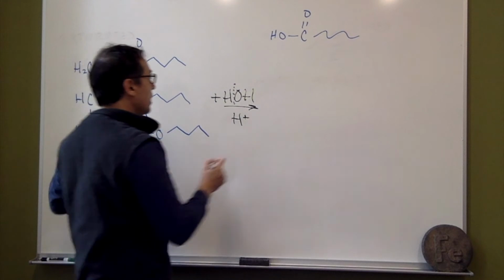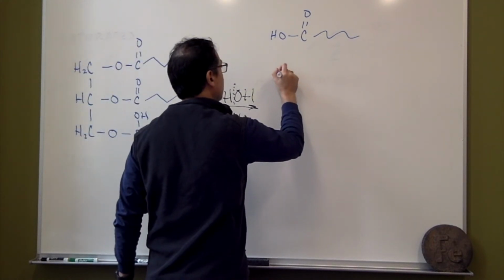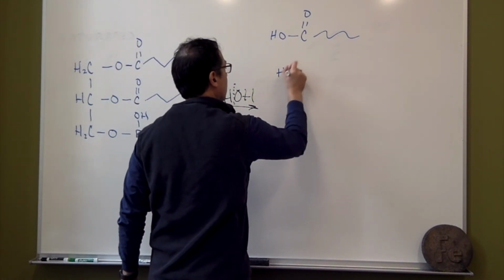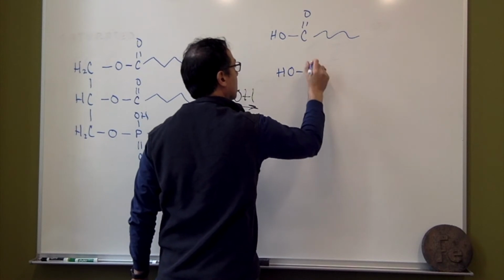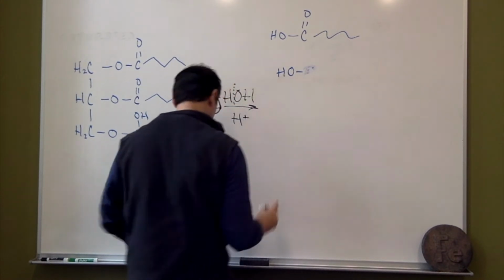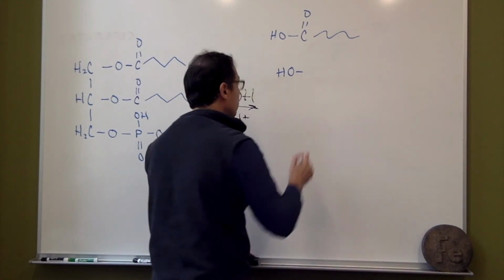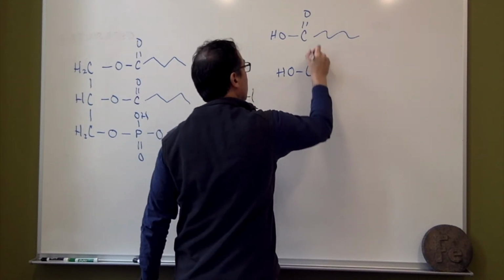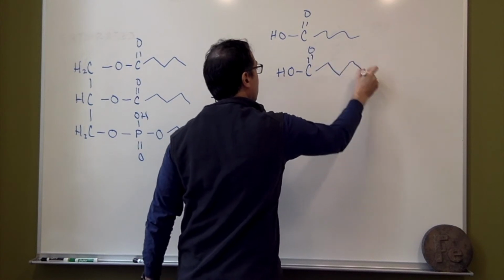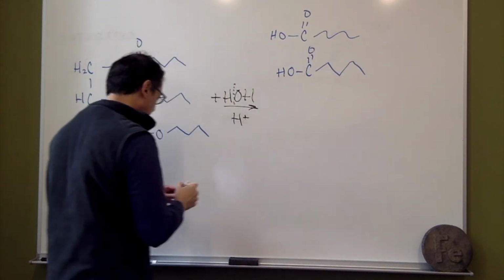We're going to have another one here with OH, carbon, double bond O. All right, so those are our two fatty acid groups there.